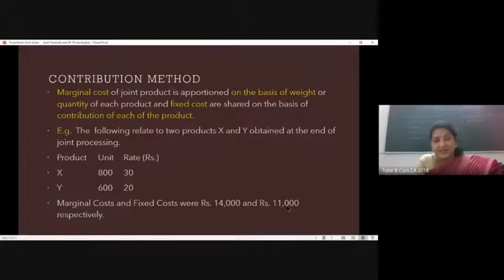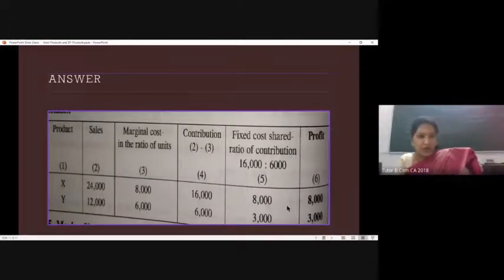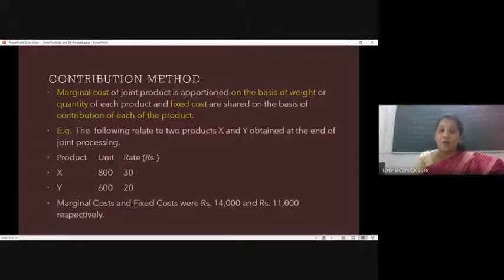So first, let's see how we apportion marginal cost. When we are talking about marginal cost for X, initially we have to find out how much it is. We know that marginal cost is apportioned in the ratio of the quantity.